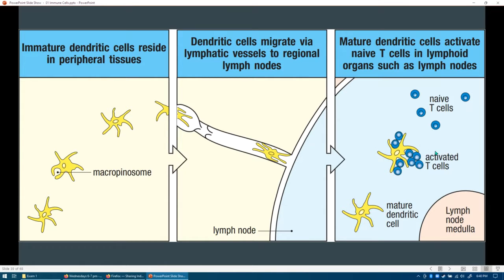Then they differentiate into effector T cells that go and take care of the problem. So mature dendritic cells are efficient antigen presenters that deliver a lot of co-stimulation, and they also move to the appropriate place to get you naive T cell activation. They're really the only cell type that does all of this. Macrophages don't do this.